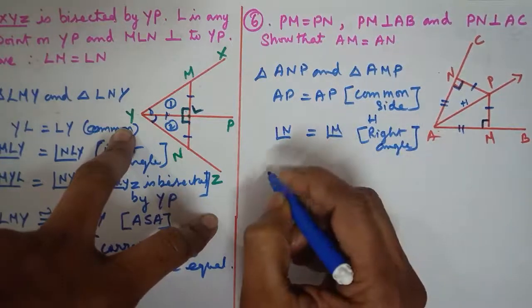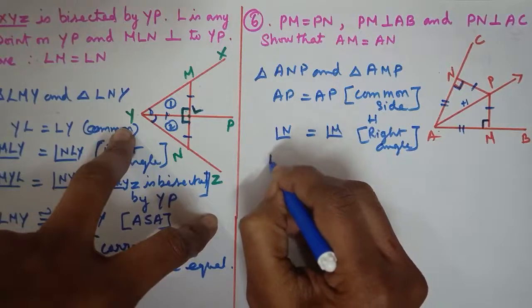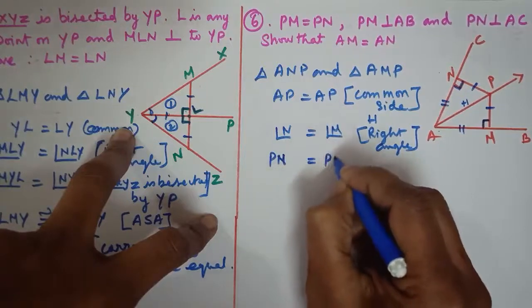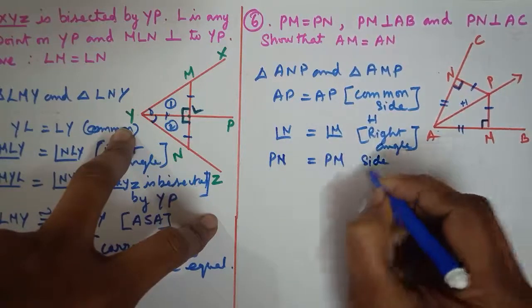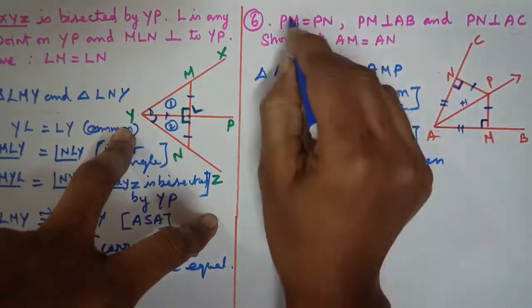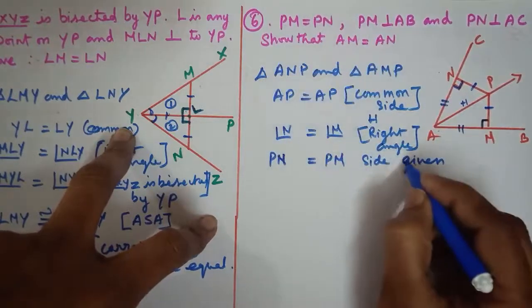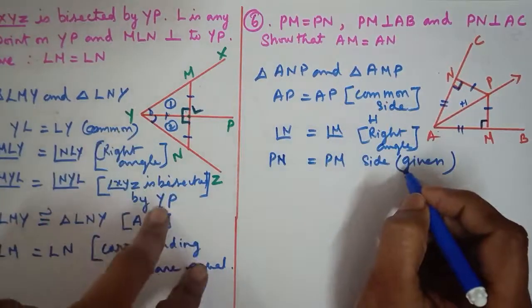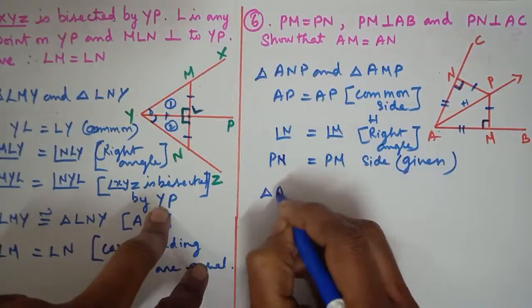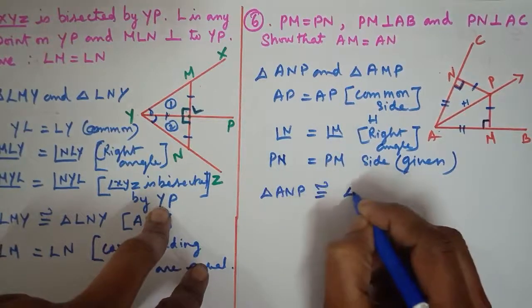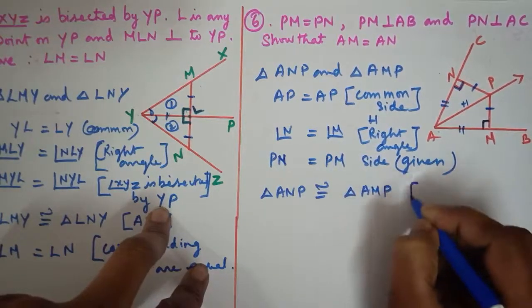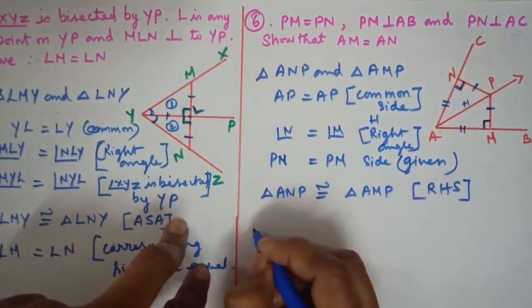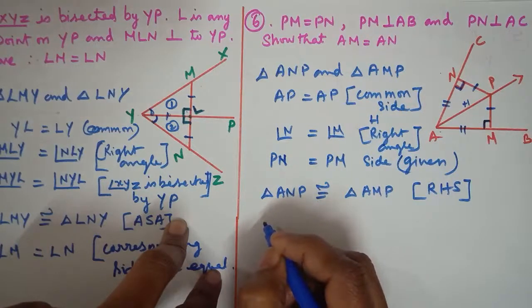And then, PN is equal to PM, given. So here this is the right angle, hypotenuse, and this is one side. So triangle ANP is congruent to triangle AMP by using the RHS congruence rule. Is it clear?